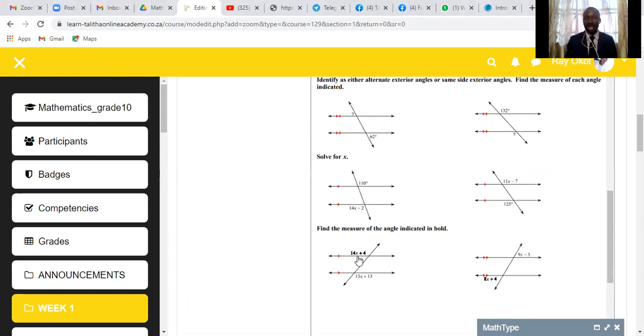We use the property that 14x plus 4 and this other angle, 13x plus 13, they are what? They are alternate exterior angles. And since these two angles are alternate exterior angles, we can also go ahead to say they are equal to each other.